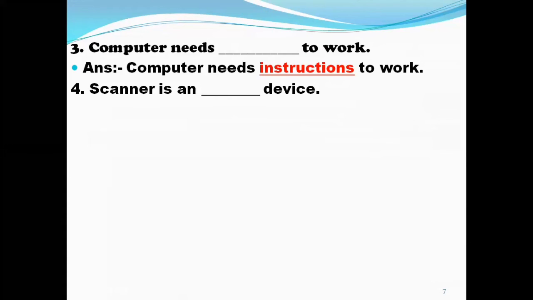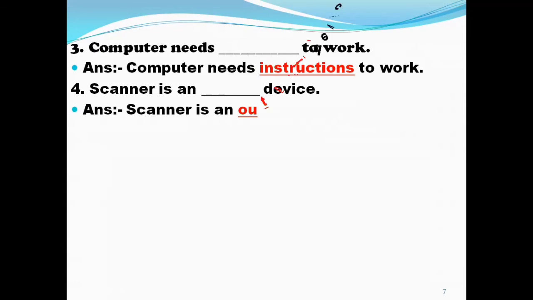I think you got the answer, so we'll see the answer. Output device. Scanner is not an output device, okay. Mistake is there. This one is a mistake. Input device only. This is an input device.